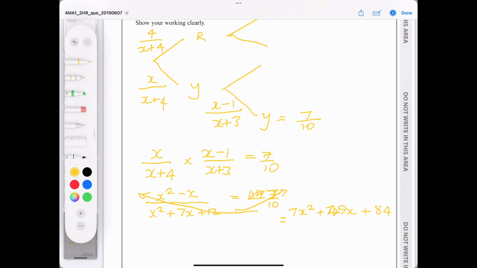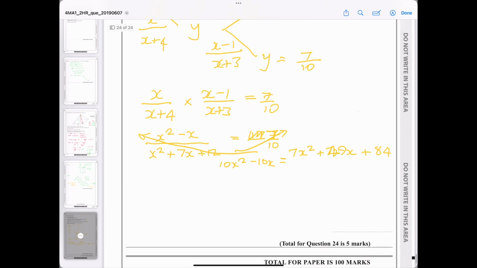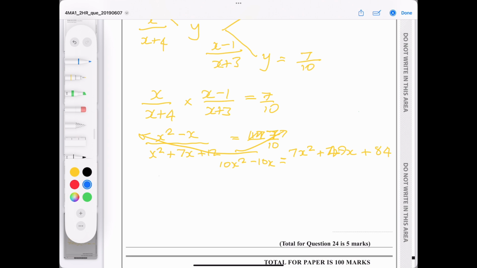And we get on the other side 10x squared minus 10x. So weirdly, the side with the biggest x is the left-hand side. So I'm swapping colours. So it's 3x squared minus 10 minus 49, so that's minus 59x, and then minus 84 equals 0.